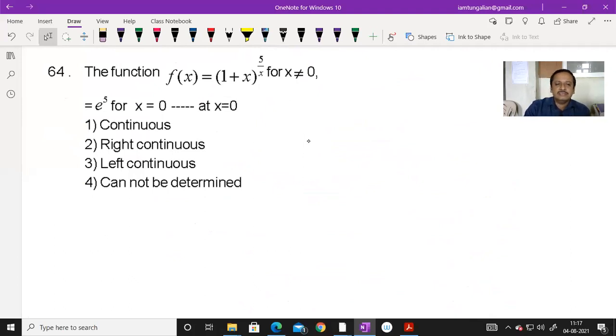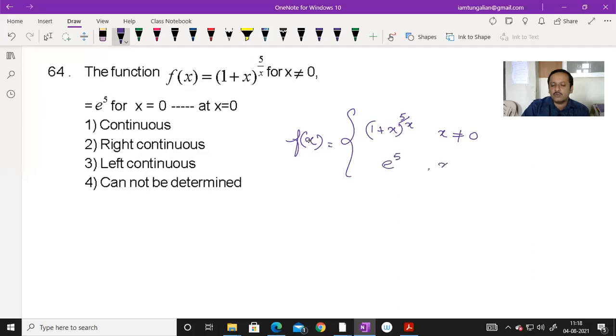Cannot be determined. Okay. Let us see how this function is defined. This function is defined as f of x equal to (1 plus x) whole power 5 by x when x not equal to 0, and it is e power 5 when x is equal to 0.